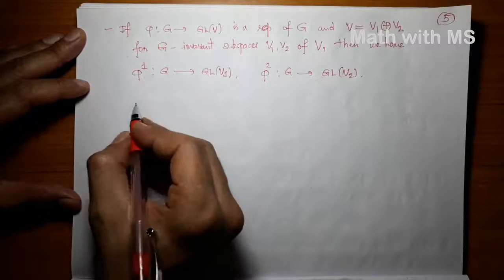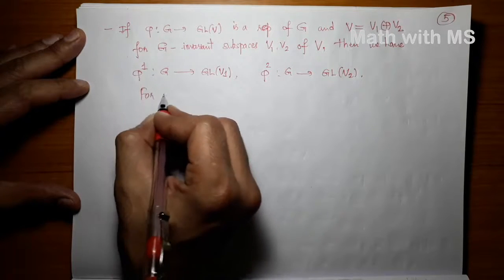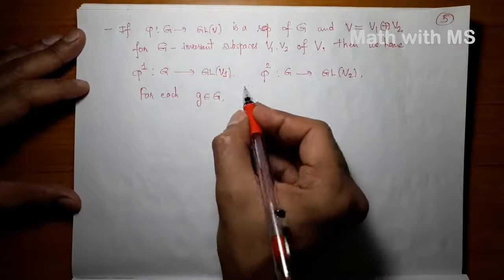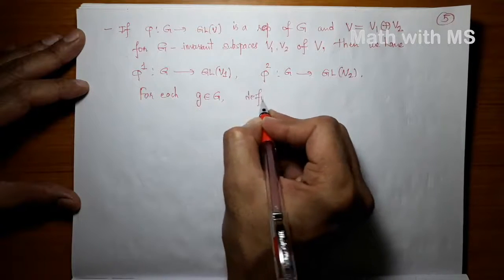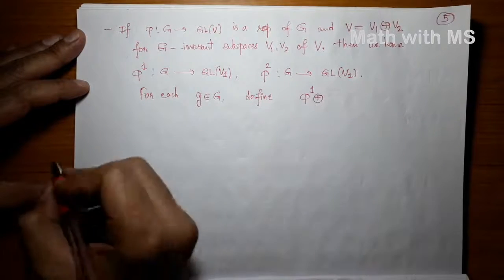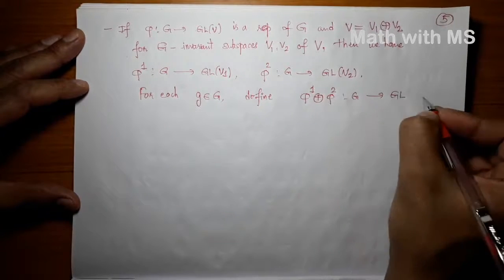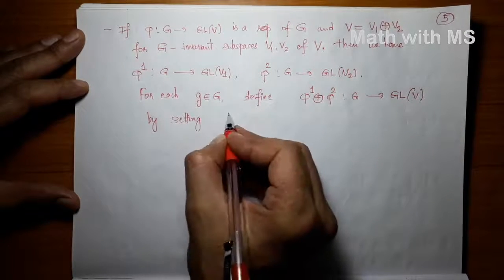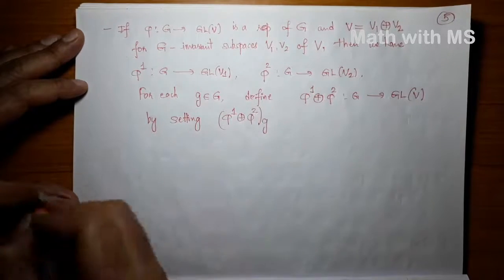So one can easily see that for each g in the group G, if you want to see it in terms of matrices, we can define phi 1 direct sum phi 2 from G to GL(V) by setting phi 1 direct sum phi 2, acting on a group element g.